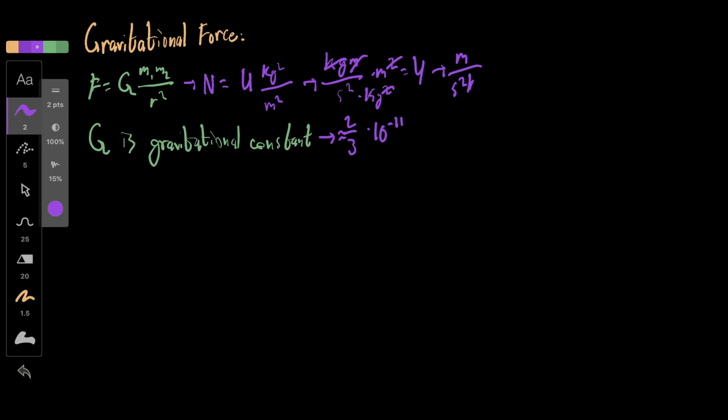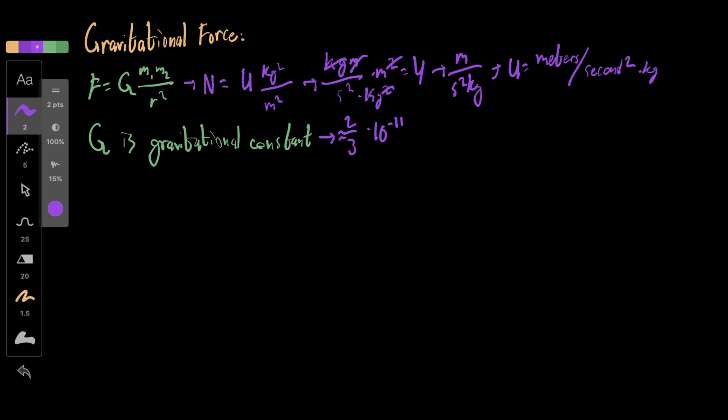So the units are meters cubed over second squared times kilograms, and there are the units for the gravitational constant.